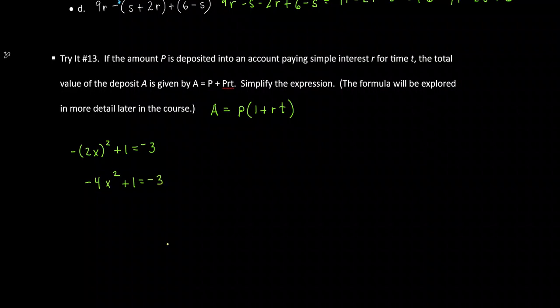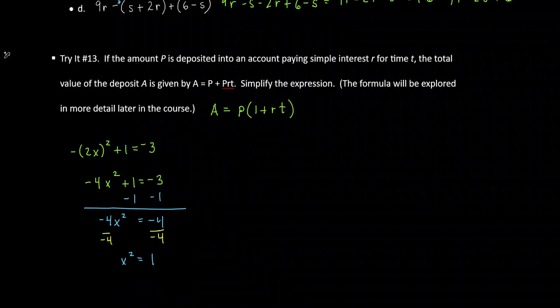Then to solve for x, we subtract 1 from both sides and get 4x squared, plus 1 minus 1 is just 0, equals negative 4. We are trying to isolate the x, so we divide by negative 4 on both sides, and we'd get x squared equals 1.